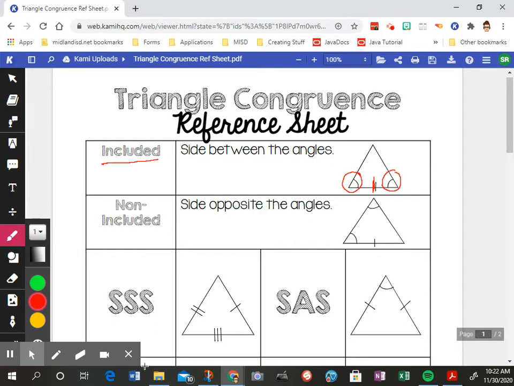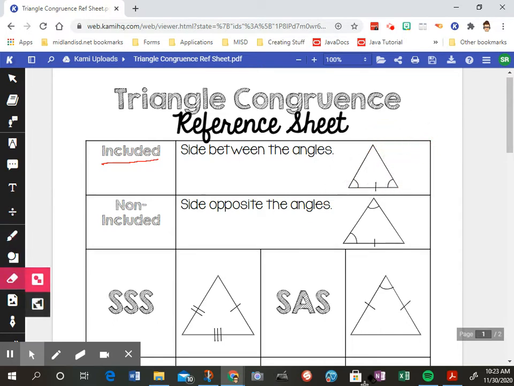So here, if I had another triangle with an angle and an angle and the side in between, I could say these triangles are congruent because of a postulate known as angle, side, angle. Because this angle matches that angle, this angle matches that angle, and the side in between matches. Okay?